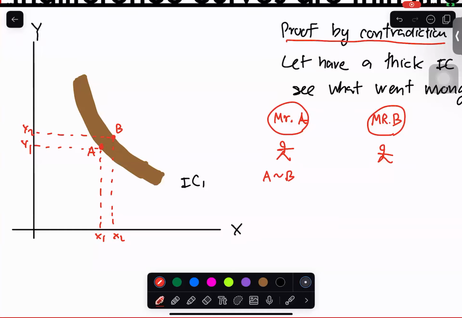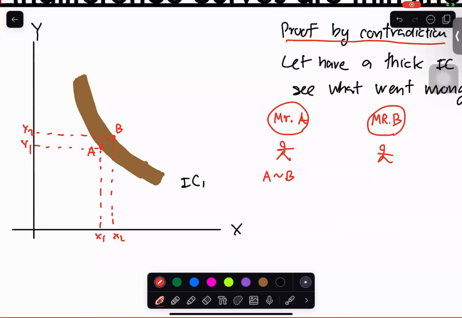Nothing wrong about what he said. It's true. Since two baskets are on the same curve, they must give the same happiness level. A and B are indifferent. Statement number one.